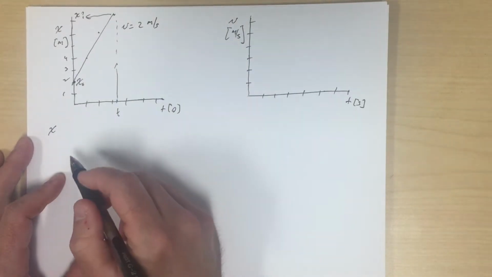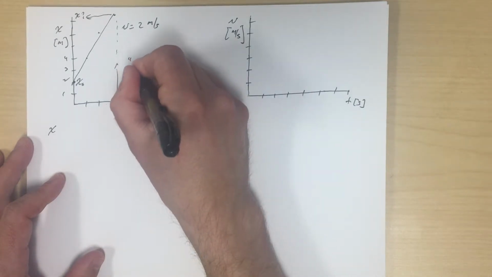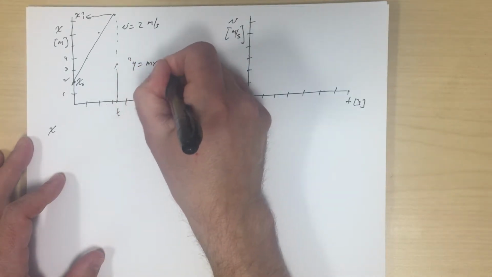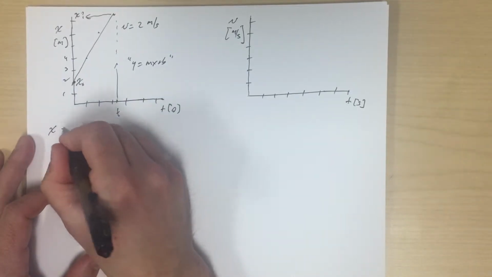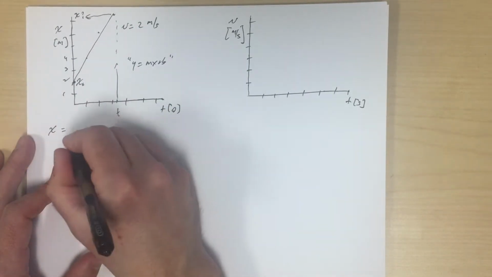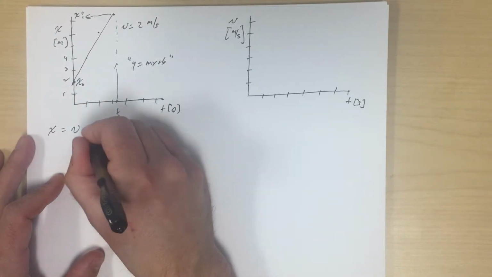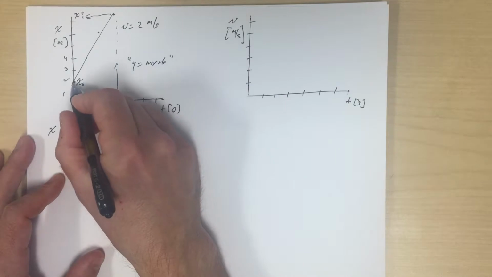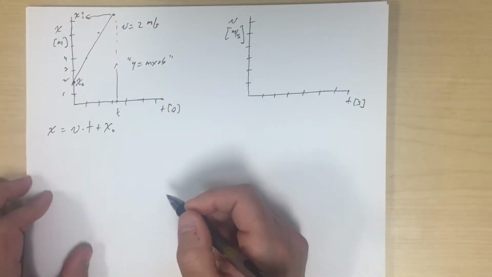This is an equation of a line, so we can write it in the y equals mx plus b form. So the position that we would have is equal to the slope, which is the speed, times the time, plus the intercept, which is the initial position.